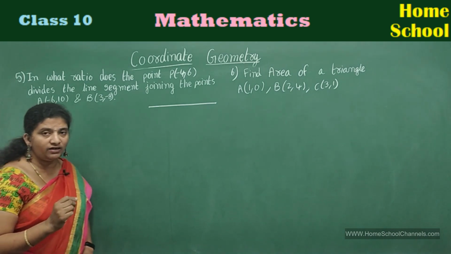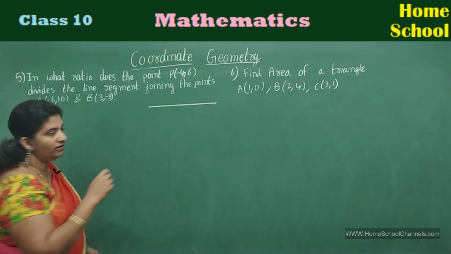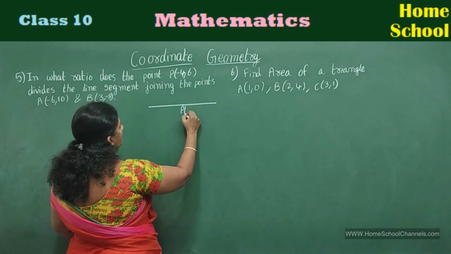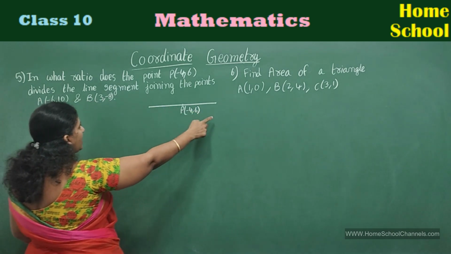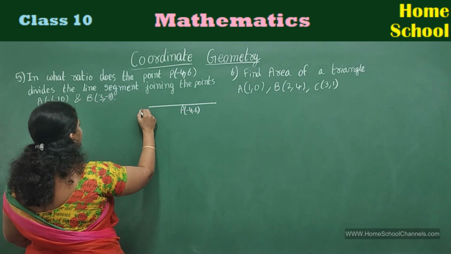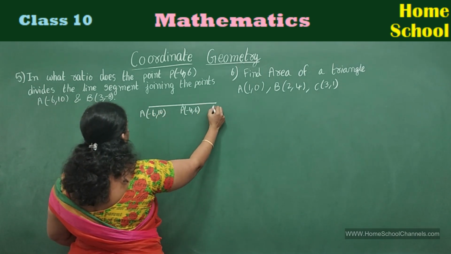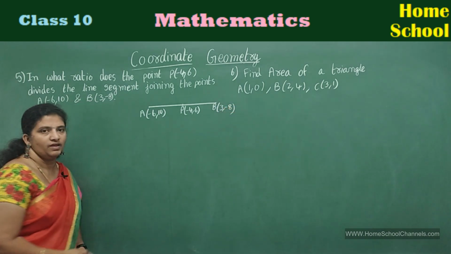We need to find here the ratio. In what ratio the point, somewhere the point is here. Let us assume the point here. P minus 4, 6 divides the line joining the points A minus 6, 10 and B 3, minus 8.